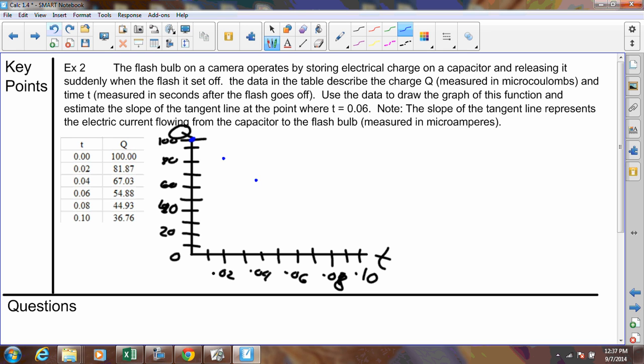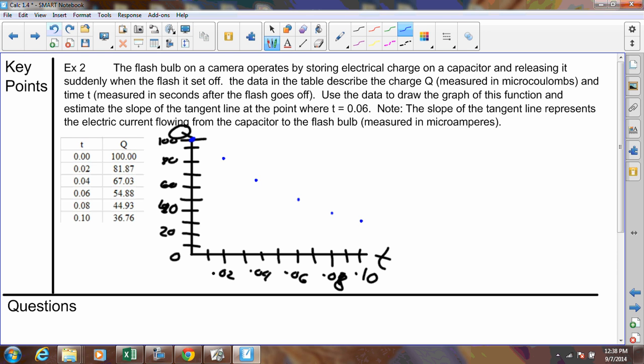Then we have about 55, halfway between 40 and 50. 0.08 would be 45. 0.10 is about 37. And so we wind up with this.